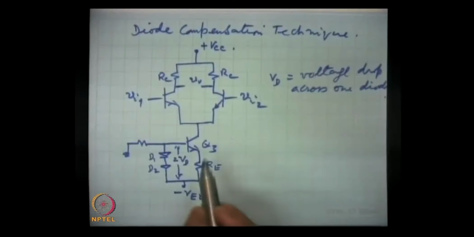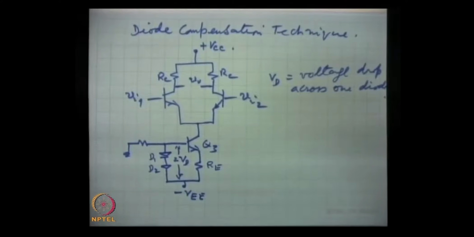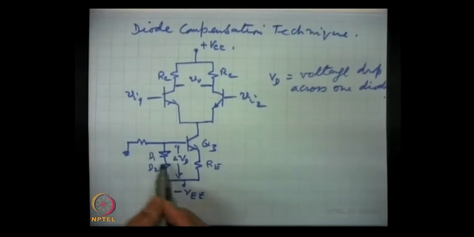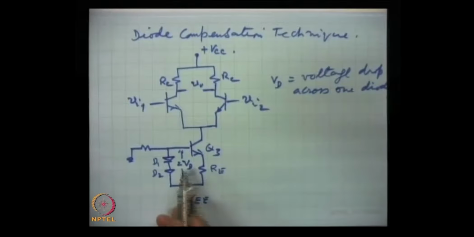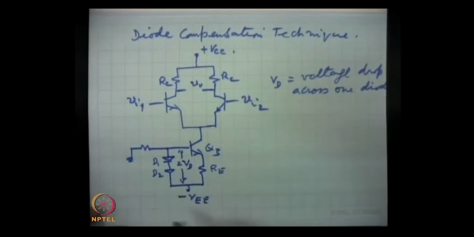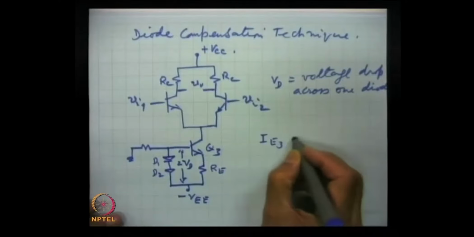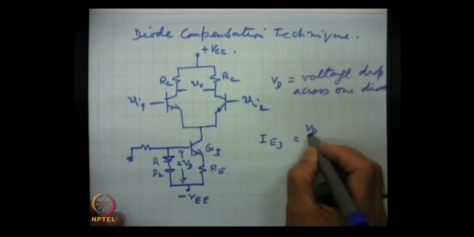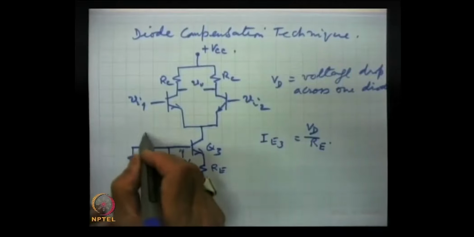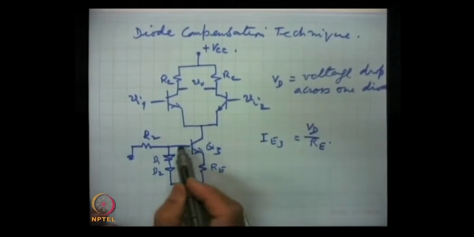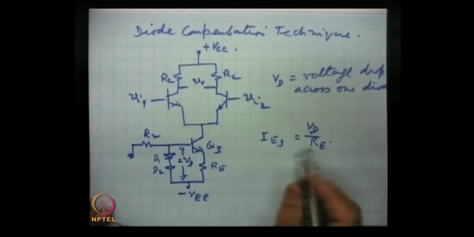So, any variation which will occur here will be compensated, because this voltage V_D will also be temperature dependent, and will change to compensate the changes. Hence it can be shown, by analyzing this circuit, that IE3 is equal to V_D by R_E. This is R2, this is grounded here, and the voltage drop is V_BE.